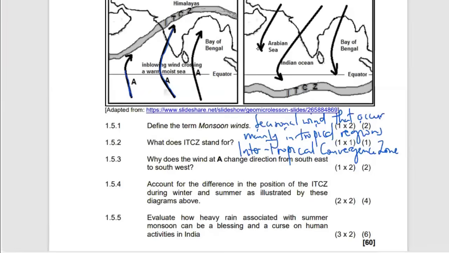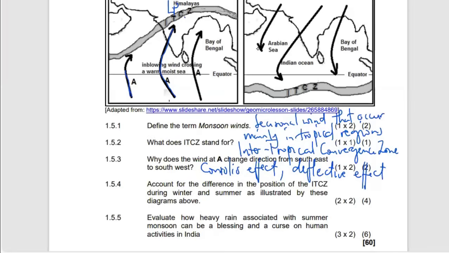The main reason that we must highlight is that the change in direction is brought about by the Coriolis effect. The Coriolis effect produces a deflective effect. The wind is deflected because of the Coriolis effect. We are saying the wind is moving from high to low pressure, moving across the equator to the ITCZ where there's low pressure.